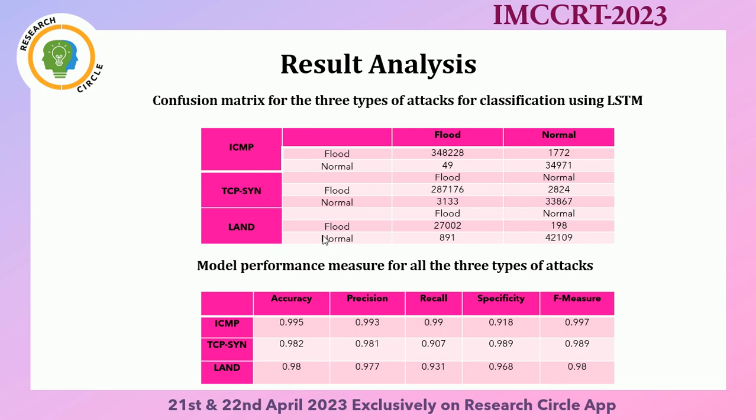This is the normal dataset rate, and the model performance measure for all three types of attacks is like that. Accuracy in ICMP is 0.995, TCP-SYN is 0.982, and LAN is 0.98.